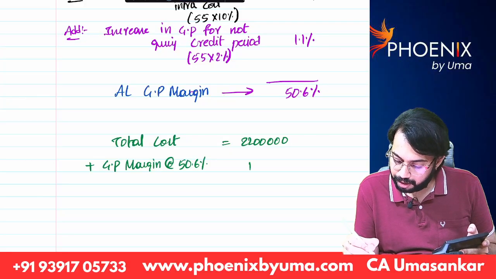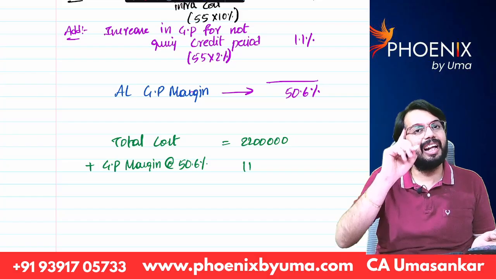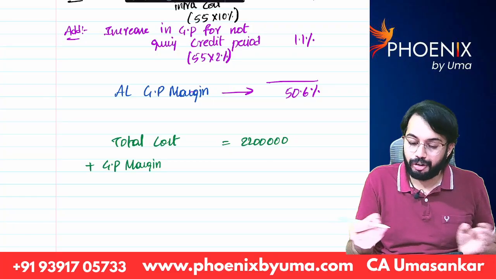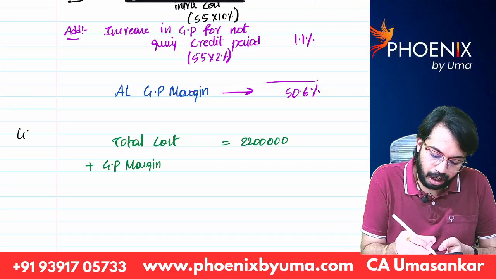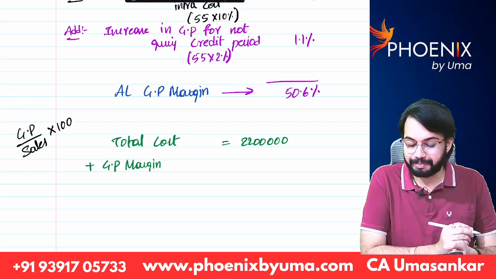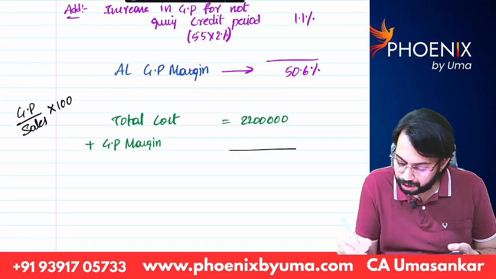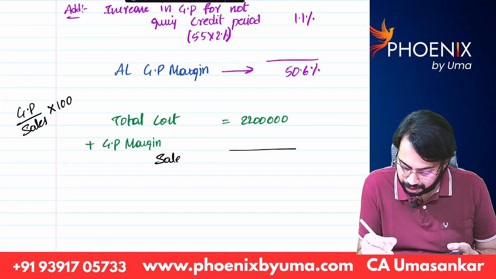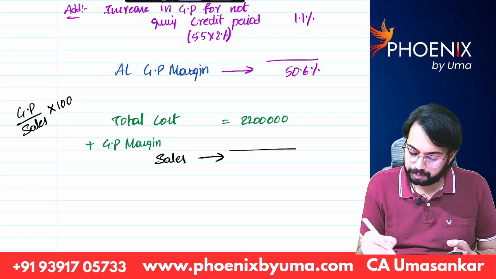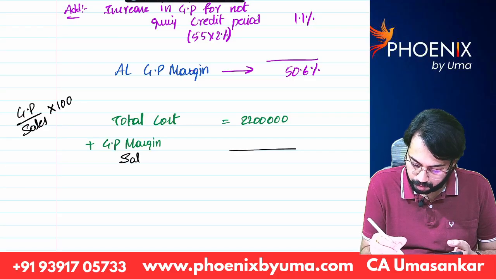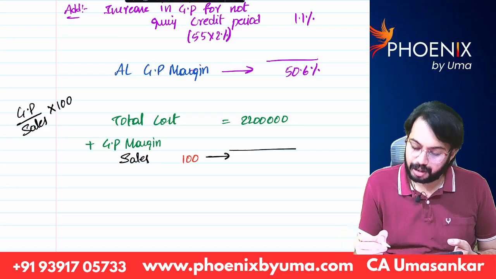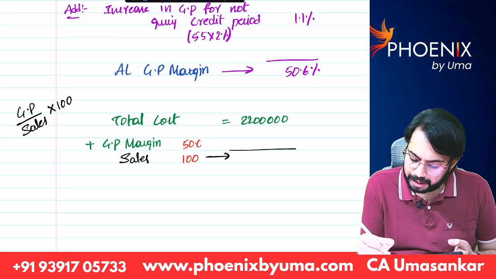11 lakh. Hold on. Generally, GP margin, what is the formula? Formula for GP margin, gross profit divided by sales into 100, correct? So, if sales are 100, GP margin is 50.6%.